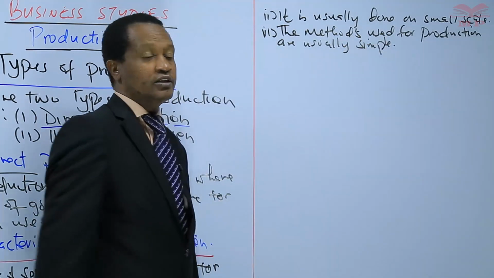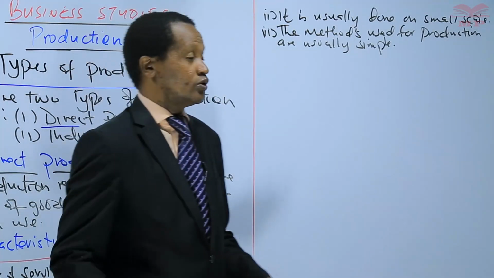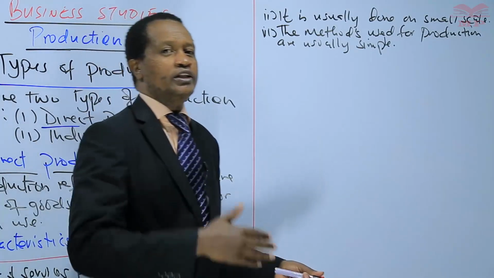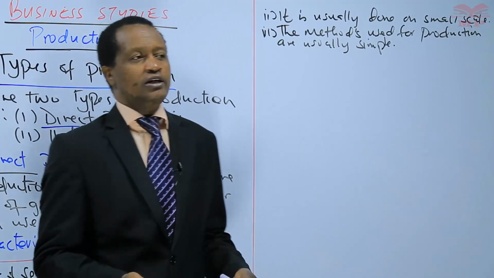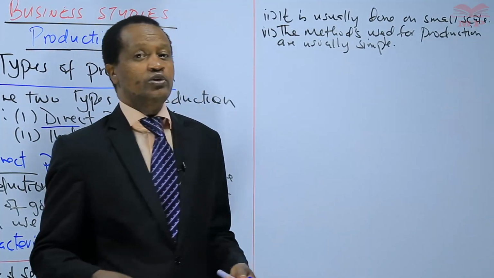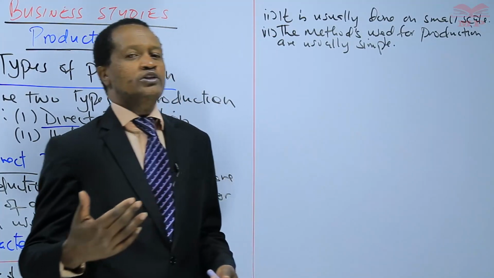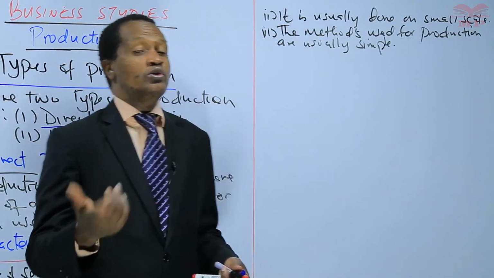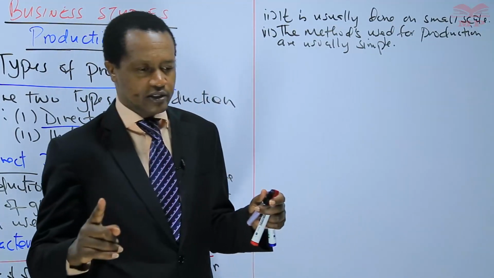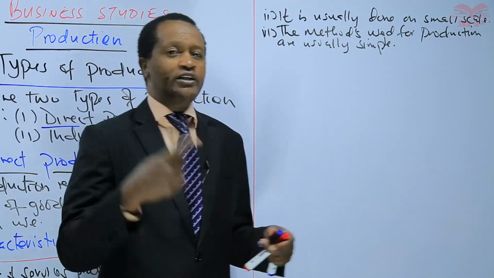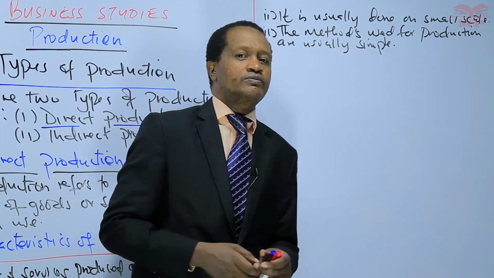Here you don't find involvement of machines or mechanization of the production processes. No, the methods are always simple when producing goods or services under this category we are referring to as direct production. So the quality of goods and services are also sometimes very low, because when you are producing goods or services manually, then there will be compromise on the quality of goods that are produced.